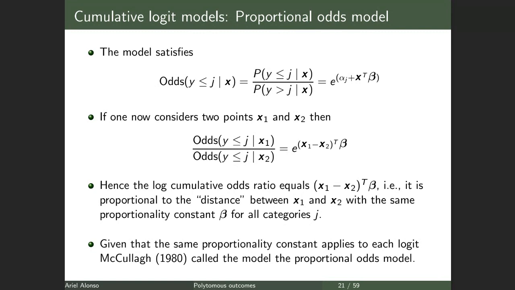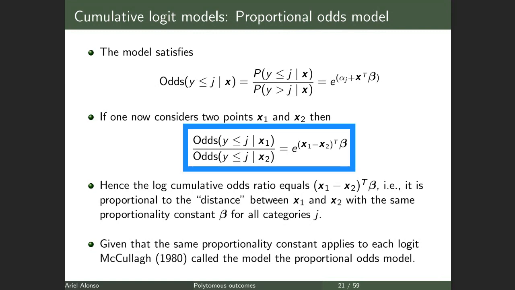That is the odds ratio of having a cumulative response, a response smaller or equal than j, for two different values of the covariates. If you calculate now the logarithm on both sides, you see that the log cumulative odds ratio will equal what? x1 minus x2 transpose times beta. That will be the log of the cumulative odds ratio.